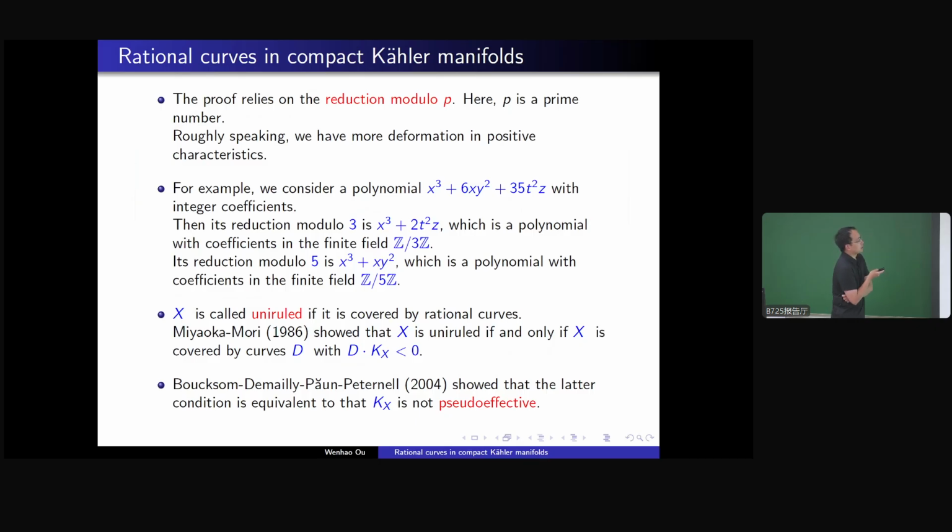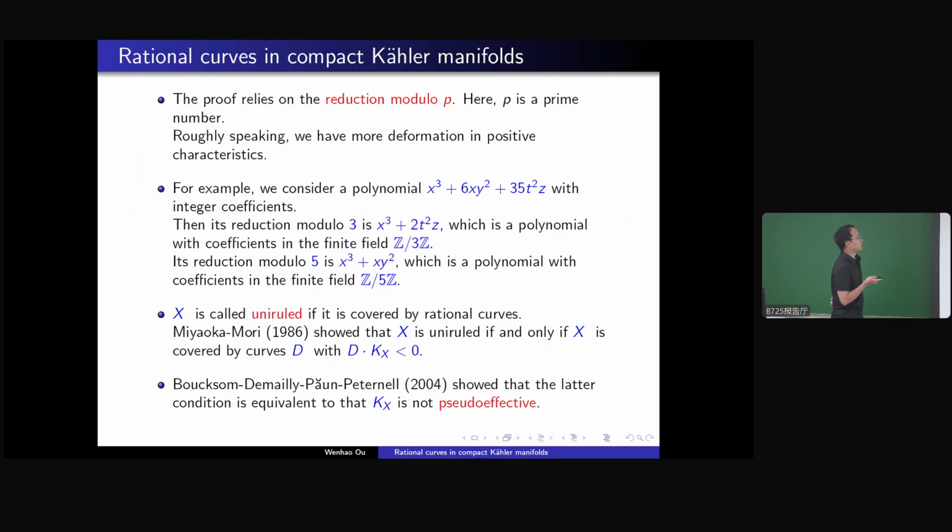So let me briefly explain the method of reduction modulo P. We know that every projective manifold is defined by finitely many polynomials. So we take one polynomial. For simplicity, I assume this polynomial has integer coefficients. Now take any prime number, say 3, and the reduction modulo P is just to reduce this polynomial modulo 3.